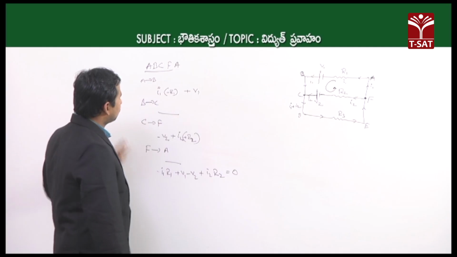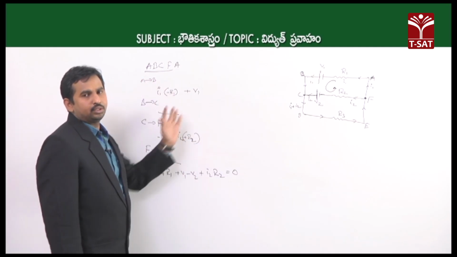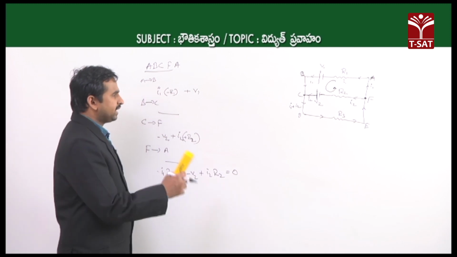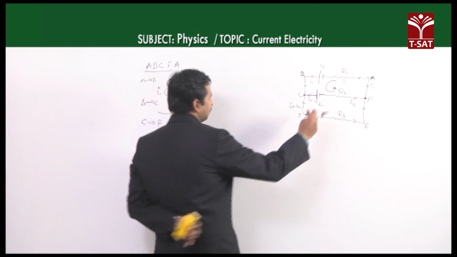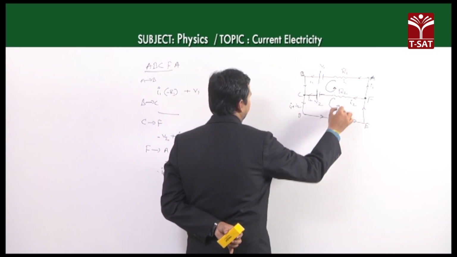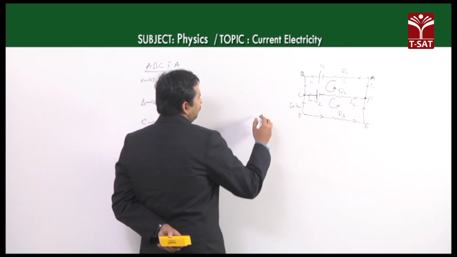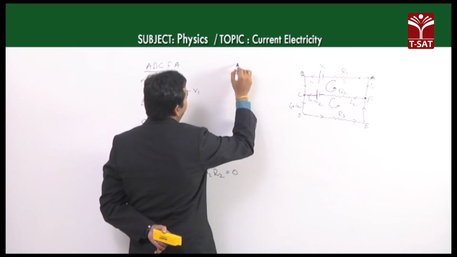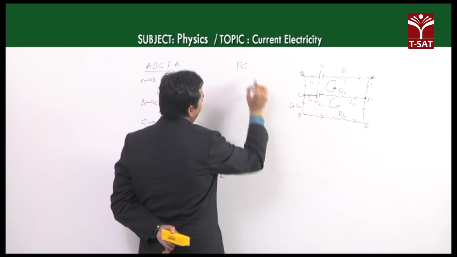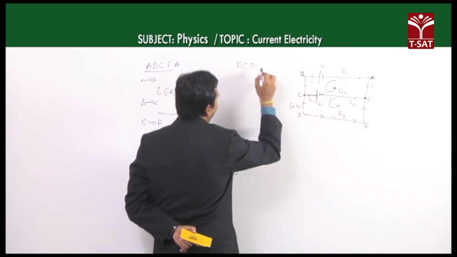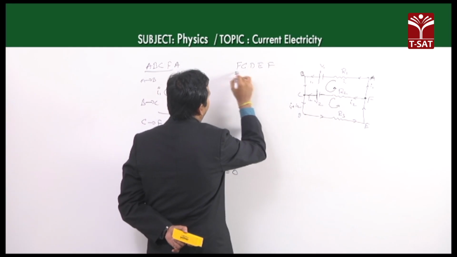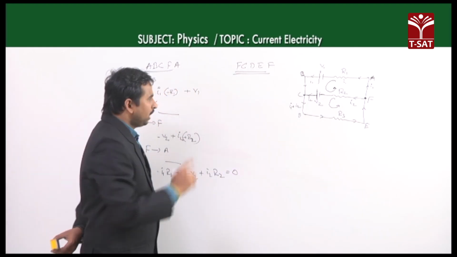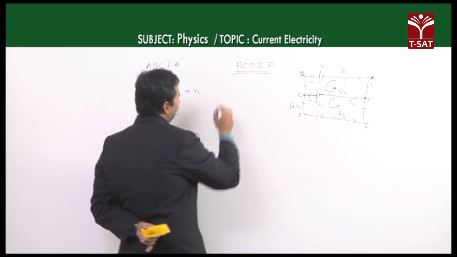Okay, this is about Kirchhoff's second law. And the same thing you can apply to the next circuit, for example this one, starting from F: F, C, D, E, F for this loop. That is also a closed loop.